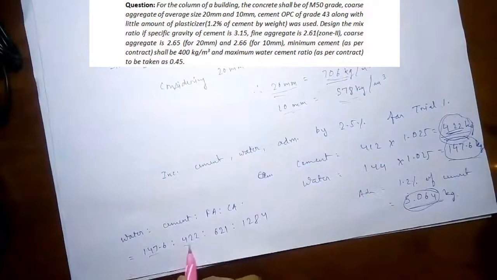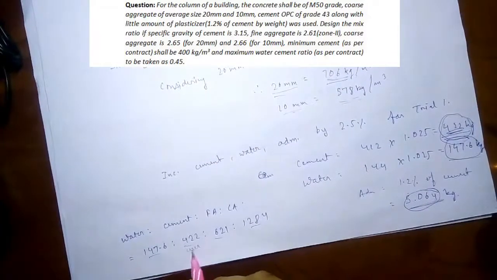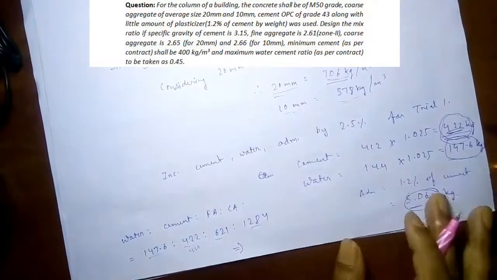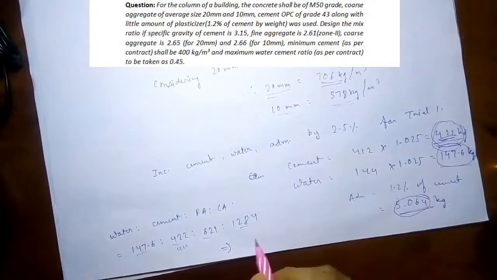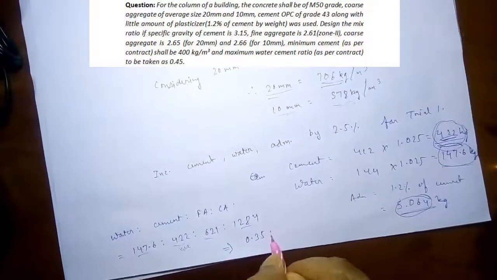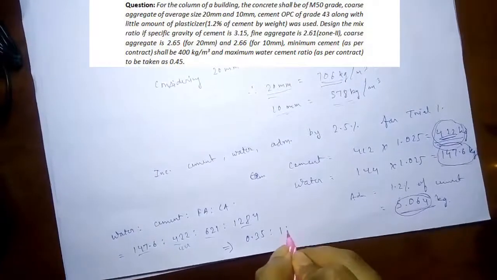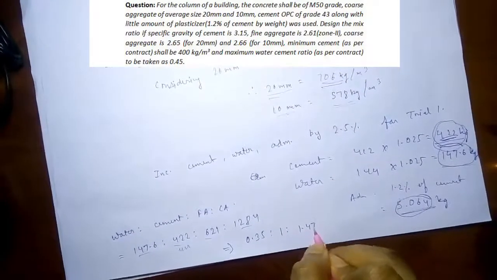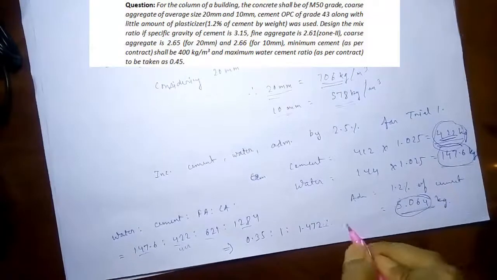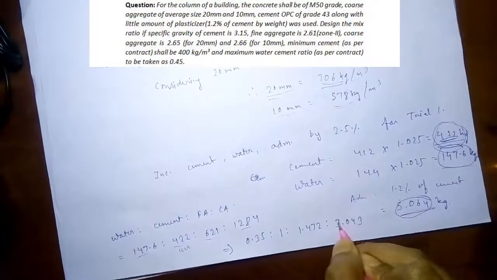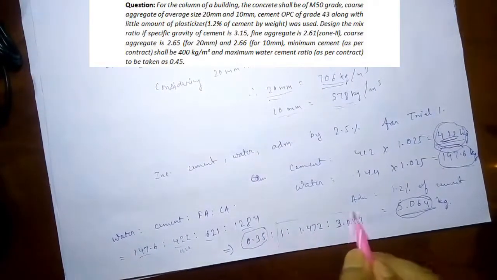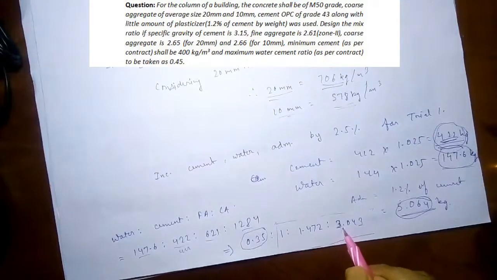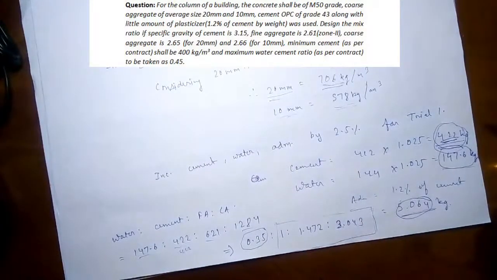So let's divide all of them by 422, the weight of cement. So our final design mix ratio will come out to be 0.35 is to 1 is to 1.472 is to 3.043. So 0.35 was our water to cement ratio, and 1 is to 1.472 is to 3.043 is our design mix ratio for this particular grade of concrete.